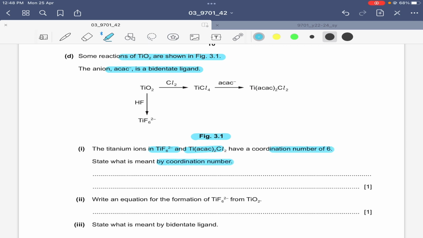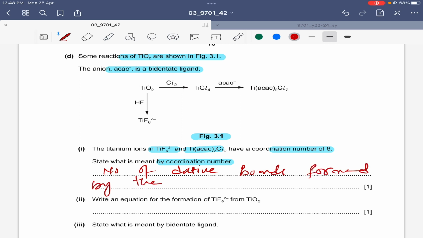What is meant by coordination number? It is the number of dative bonds formed by the central metal ion. How many dative bonds it is forming.